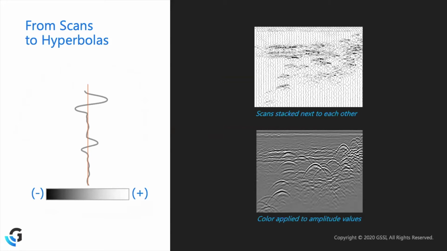Now, instead of looking at a bunch of wiggly lines on the screen, we assign color and pixels to help us to better interpret what we're looking at. So we say that anything with a positive amplitude value is labeled as white, and anything with a negative will be labeled as black. This is how we get an image like we see below here, where we have those shaded hyperbolic shapes on our screen.